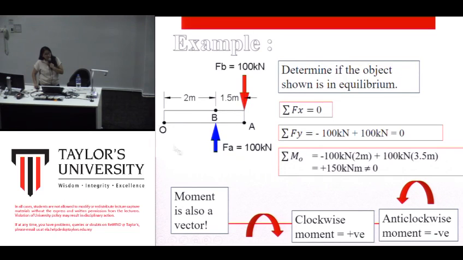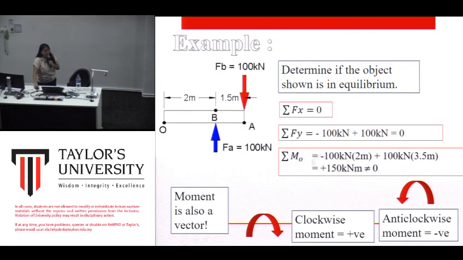So this moment is in which direction? Clockwise or anti-clockwise? FA going up rotates about point O. So is that an anti-clockwise or clockwise moment? It is an anti-clockwise moment. That's the reason why I have a negative here. Yes, 100 kilonewton is going up, I know. But the moment created by this force is in the negative direction.